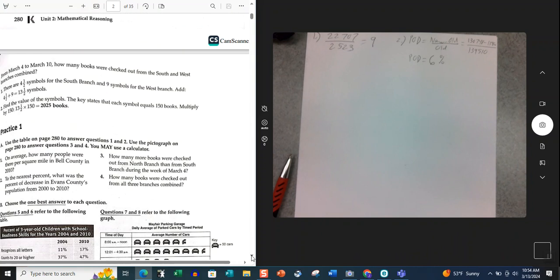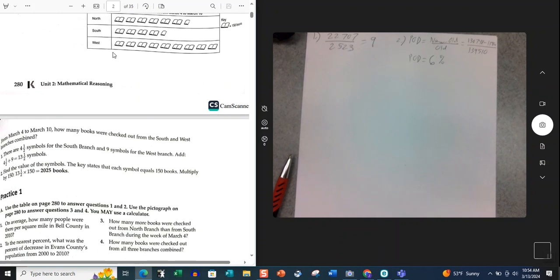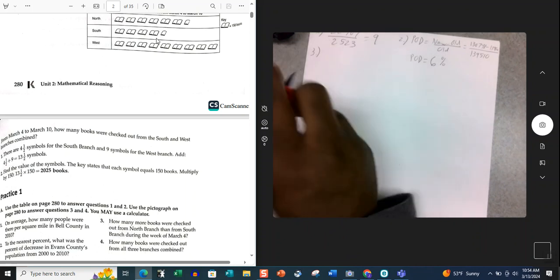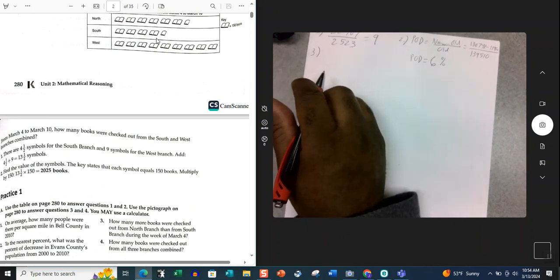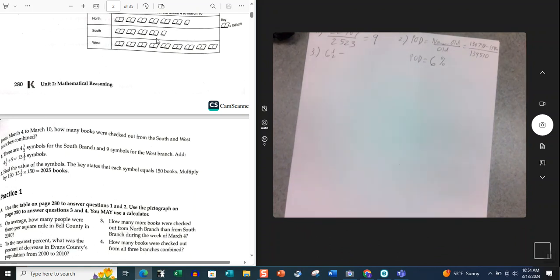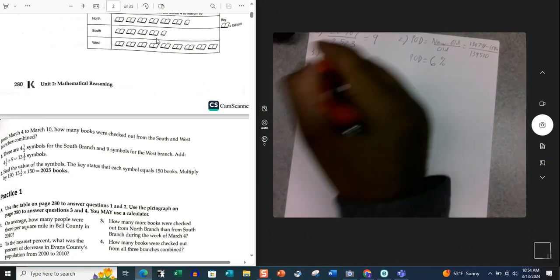So now number 3, it says how many more books were checked out from North Branch than from South Branch during the week of March 4th. So we go here to this picture graph. So we have the North Branch and the South Branch. We want to know how many more was checked out. So for the North Branch, we had 1, 2, 3, 4, 5, 6. We had 6.5 minus the South Branch, which is 4.5.